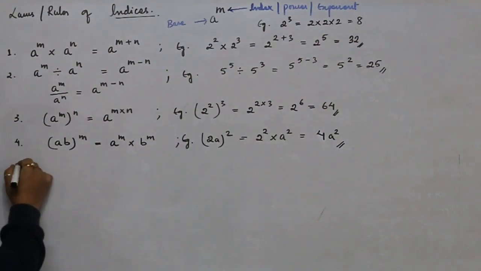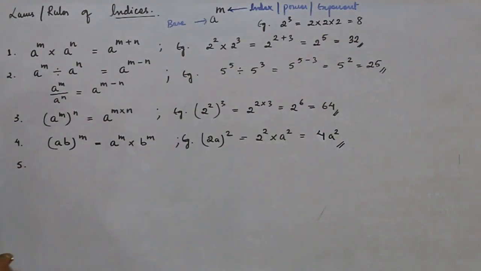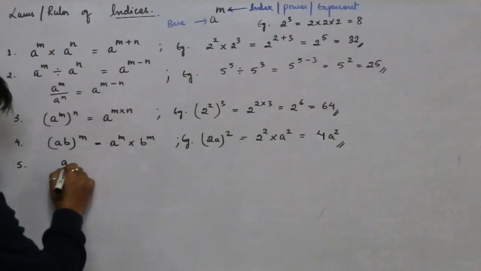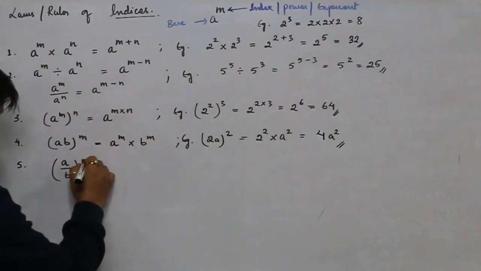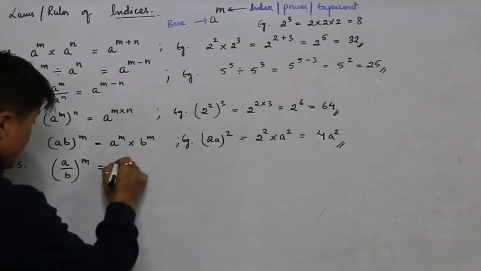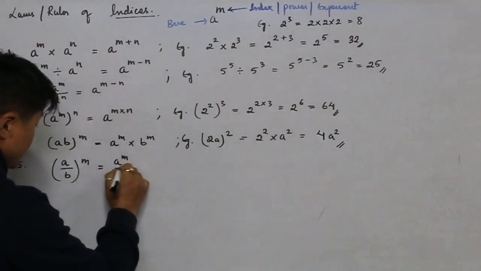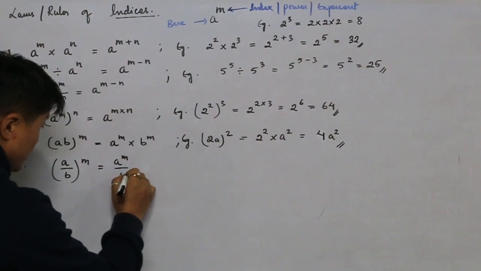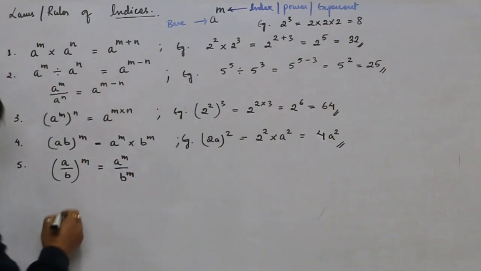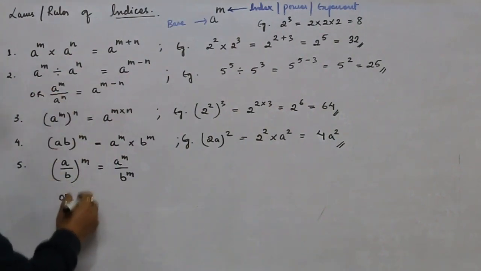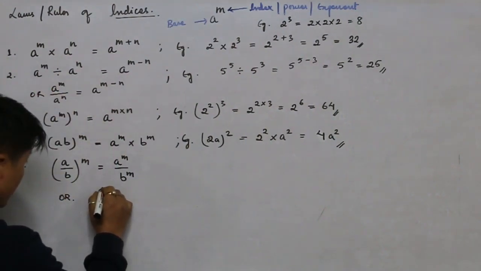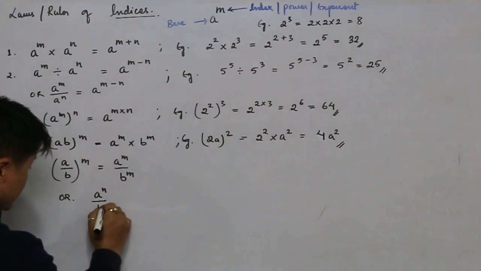Clear? And rule number 5 is: a by b whole to the power m can be written as a to the power m divided by b to the power m, or this can also be written as a to the power n divided by b to the power n.